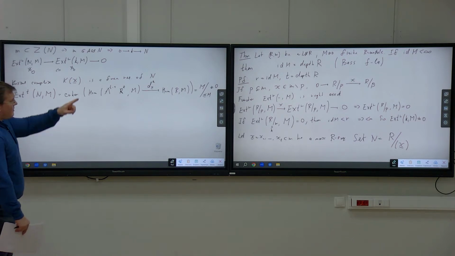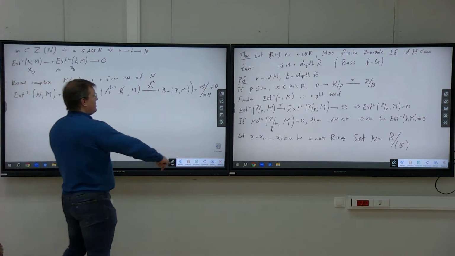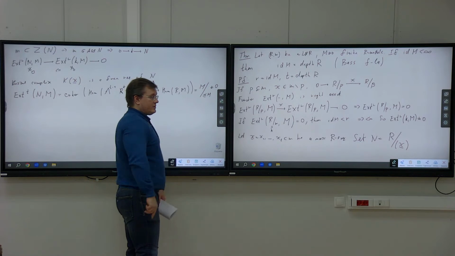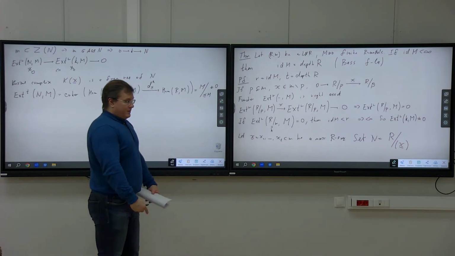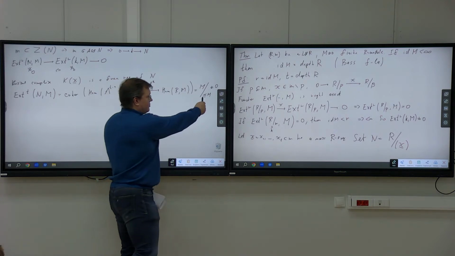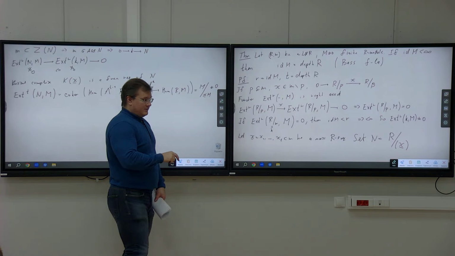I'm just saying, while computing this Ext, I get this quotient, more or less by computation with the Koszul complex. This quotient is never 0, because if it is 0, M is equal to xM, x is sitting inside the maximal ideal, so it's inside the radical in this case. So by Nakayama's lemma, this should mean that M is 0, but M is not 0.